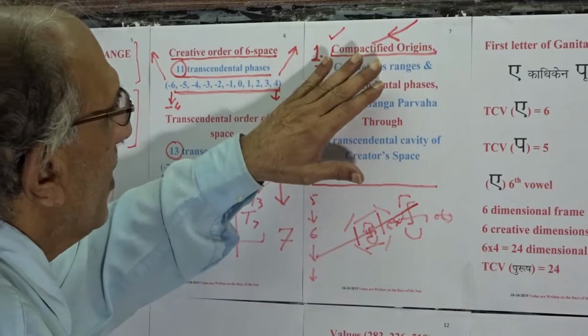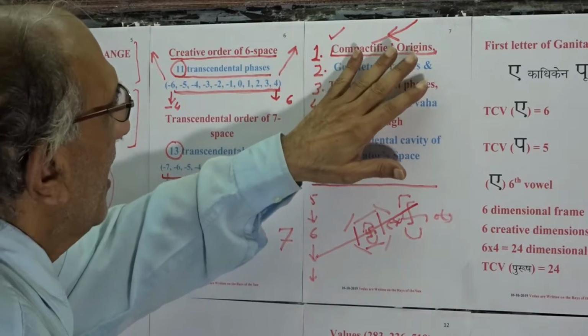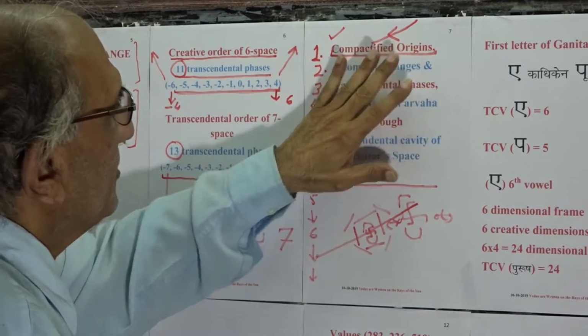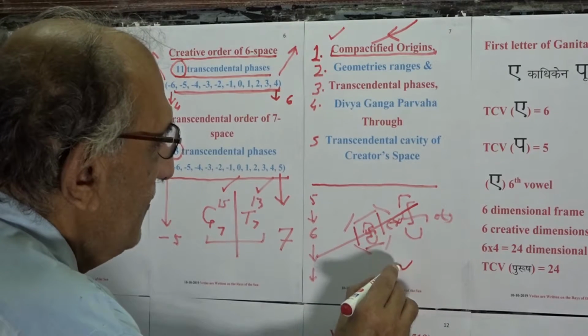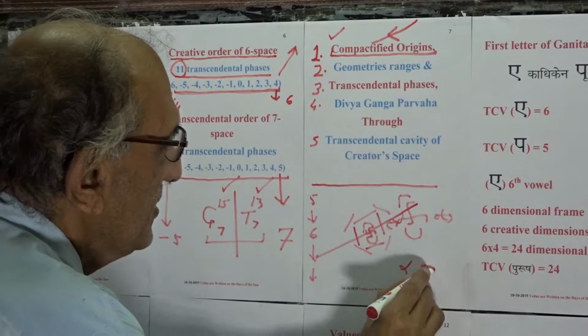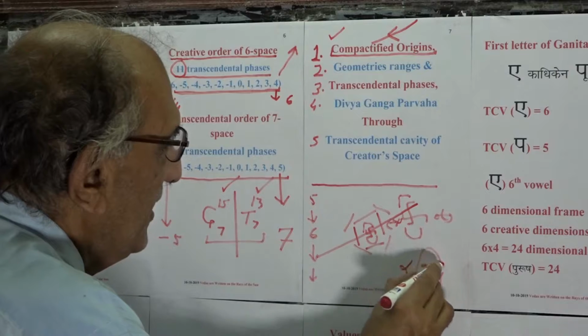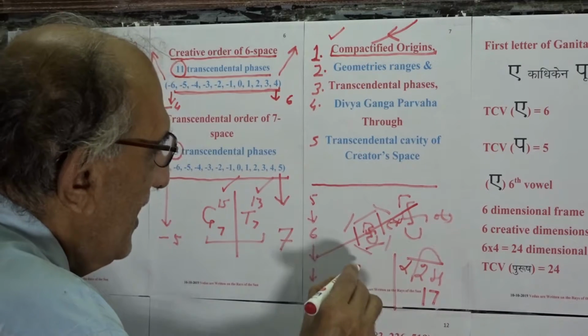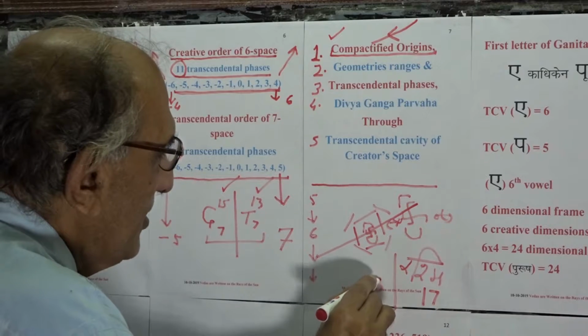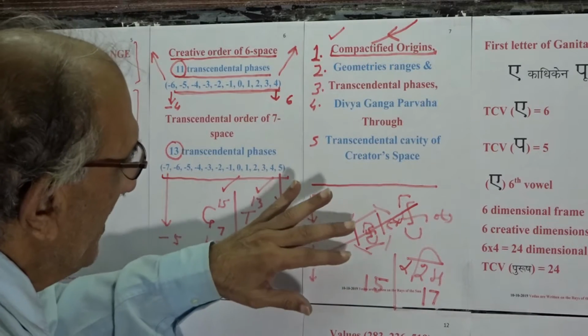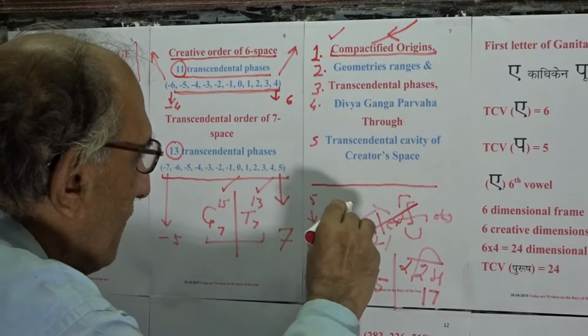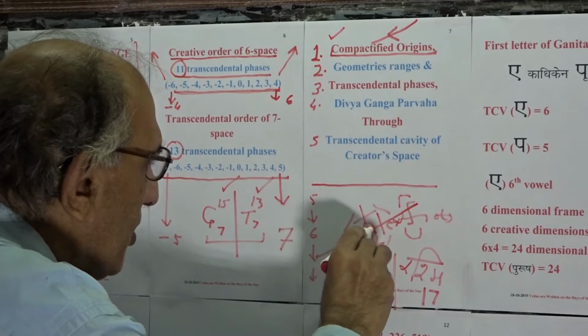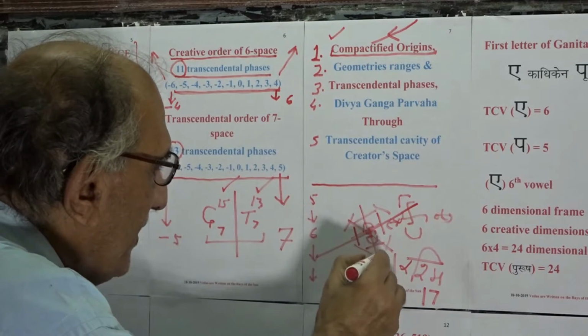Now it is this coordination along the ray, a Rashmi, which itself is of a TC value 17, and this has 15 as a dimension. Therefore 5 space is of a solid dimensional order of value 15.